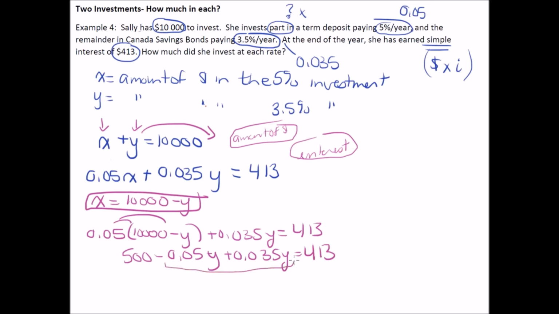Okay, when we add these 2 Y's together, we get negative 0.015 Y. And when we bring over that 500 and we subtract it, we get 413 minus 500, we get negative 87. Oh, sorry, there should be a Y on there.